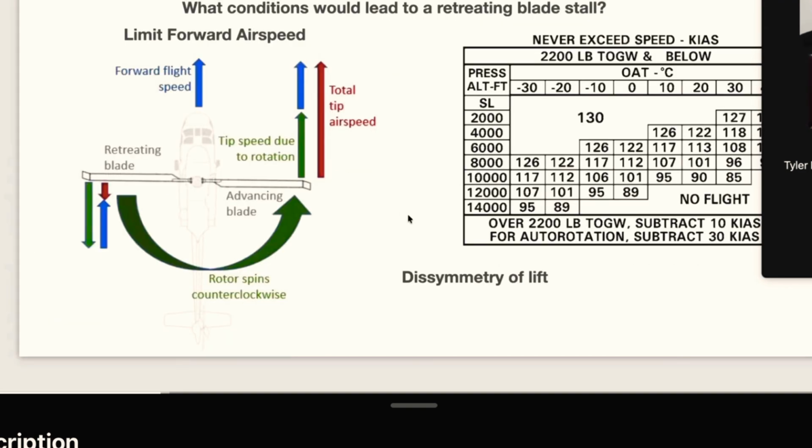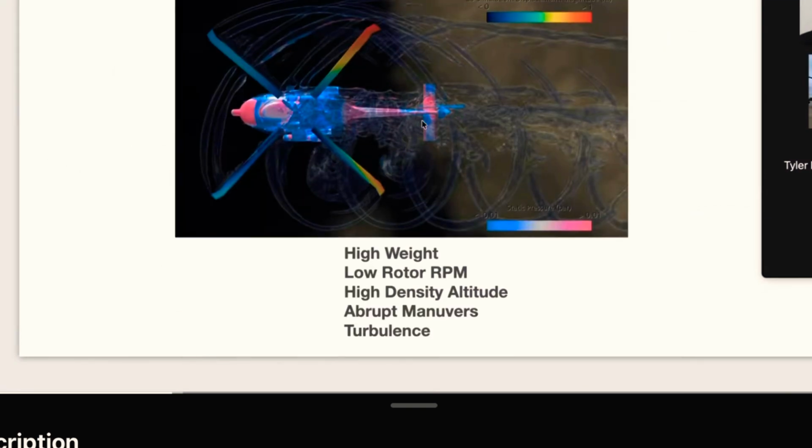But why is it the retreating blade specifically? Let's talk a little bit about what the limitations of forward airspeed are. This is a phenomenon called dissymmetry of lift, which I will engage on a little bit later. In forward flight, the advancing blade is moving with the flight direction and sees a higher relative wind speed, while the retreating blade, moving opposite the flight direction, sees a lower relative wind speed.